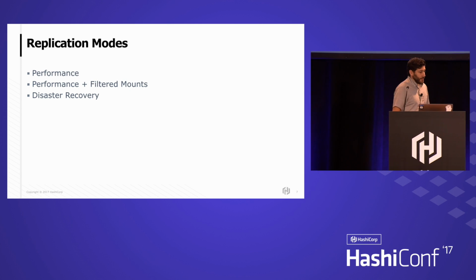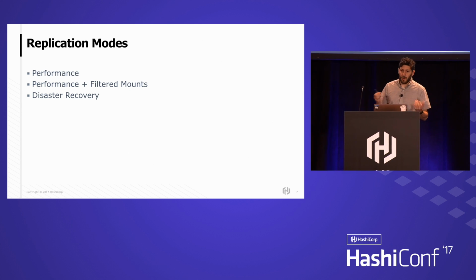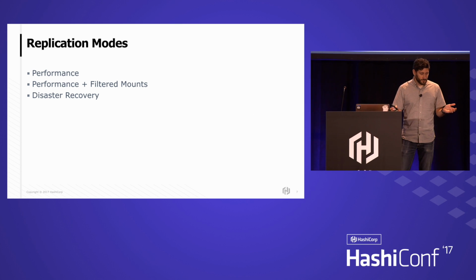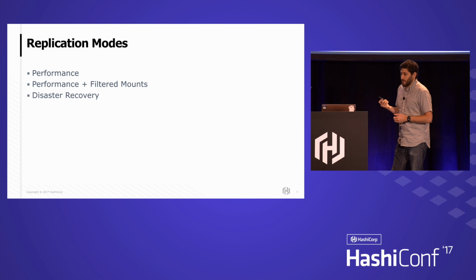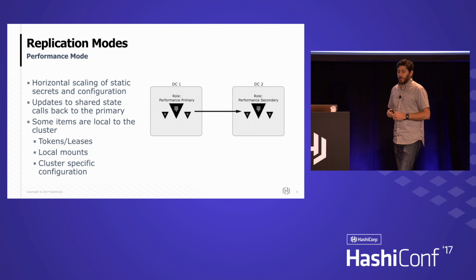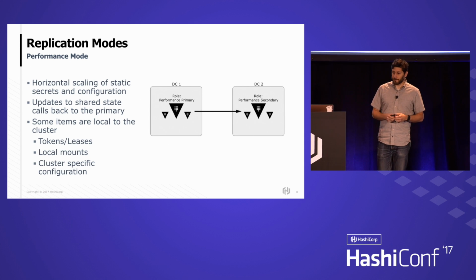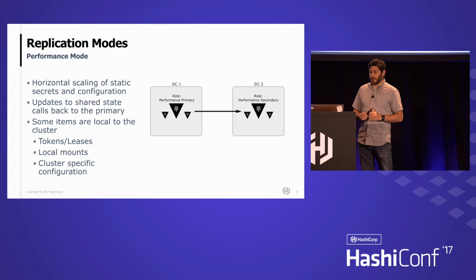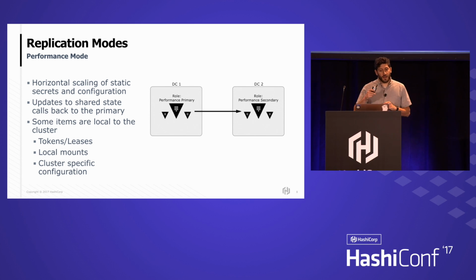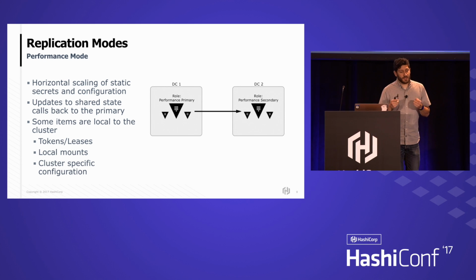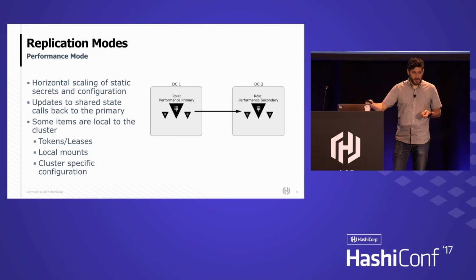And so there's a few ways that you can run replication in your system, and we call these replication modes. The first mode I want to talk about is the performance replication mode. Performance replication is used for scaling horizontally static secrets and other configuration.